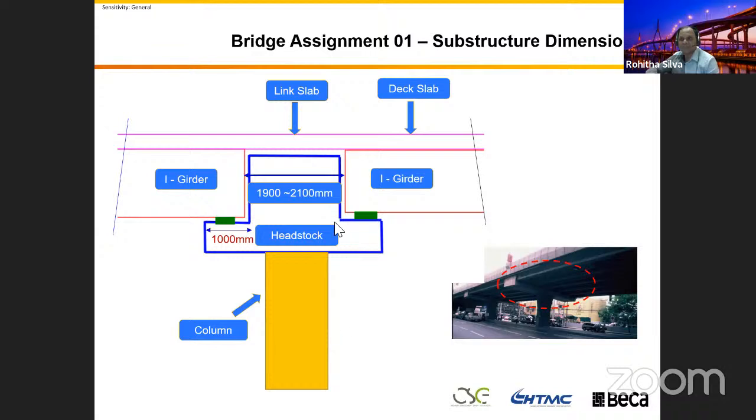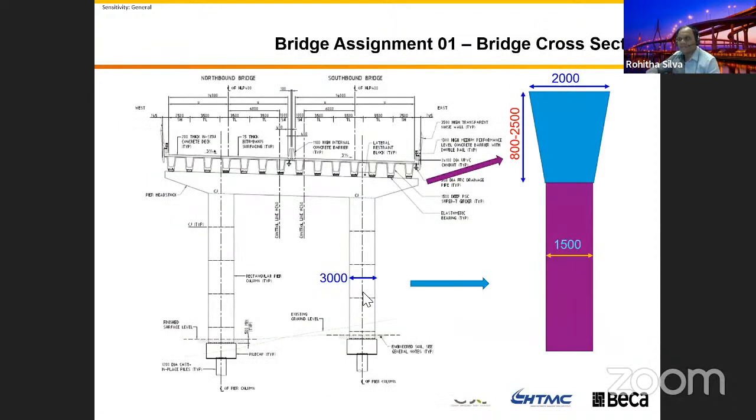This headstock is quite wide, about 4 meters plus. You can still use this one. Or else you get your cross girder width of 2 meters, which you need on the top to support your girder. But if you want to reduce the column size, a 2 meter column is too thick, too much concrete.